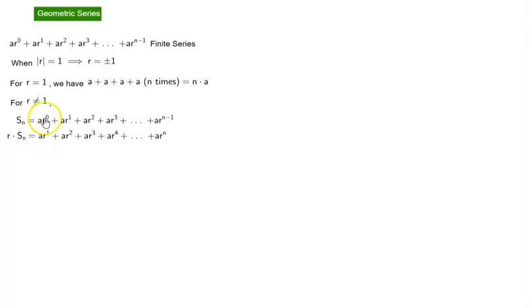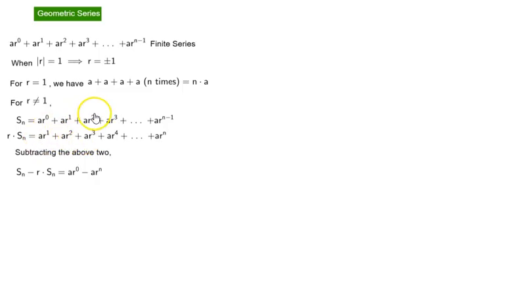This will become AR to the power of 1. This will become AR square. This will become AR cube, and so on. And the last term will become AR to the power of n. Now we subtract the 2. We get S sub n minus R times S sub n equal to, now the right hand side, what will happen?